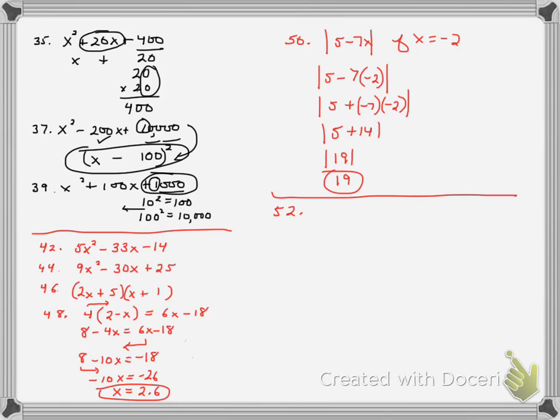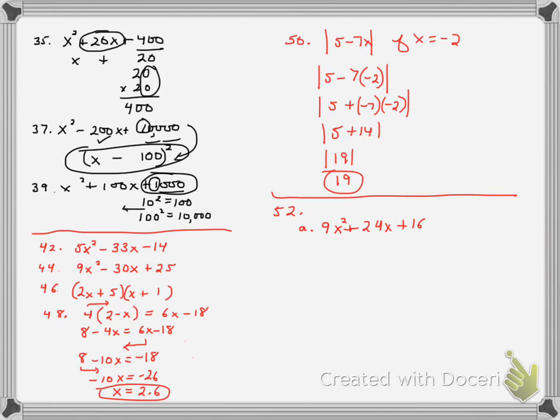These now have a number in front of the first variable. Let's look at A. But other than that, the thinking is exactly the same. We're trying to decide, can this be a binomial square when it's factored?